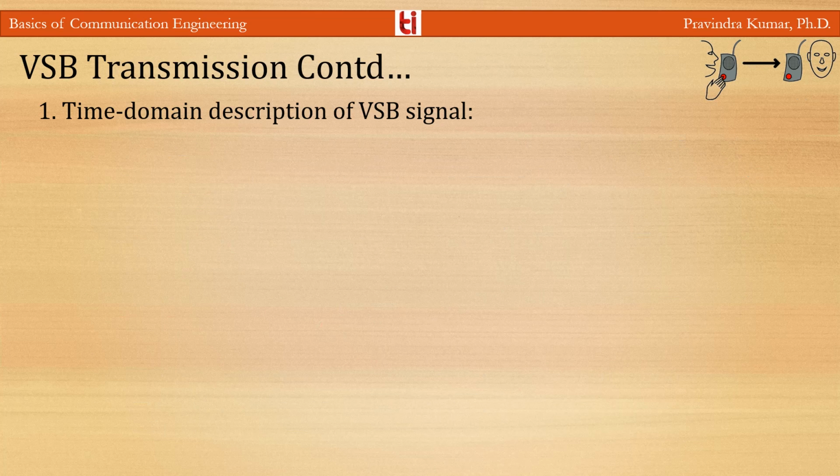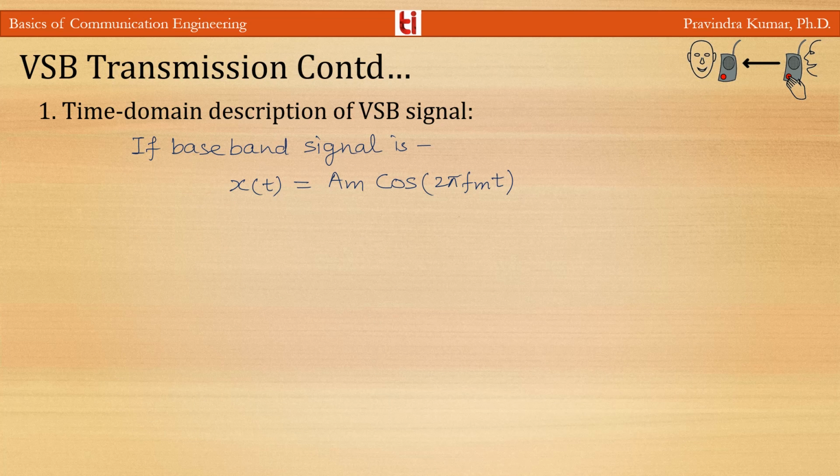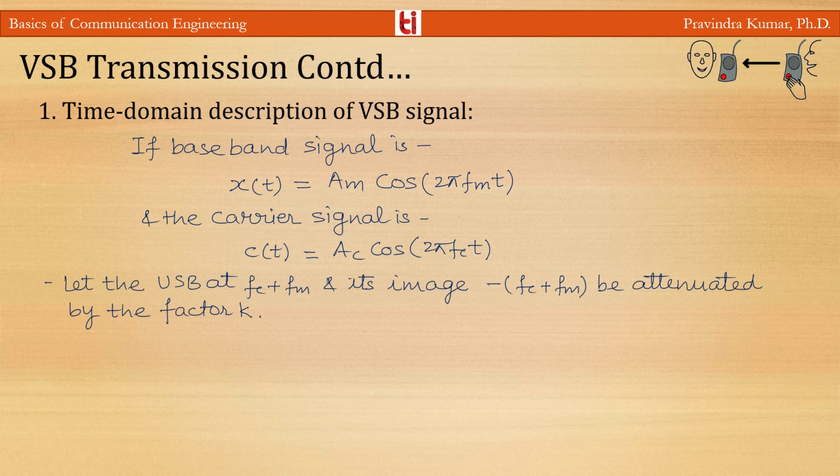If the baseband signal is x(t) = Am cos 2 pi fm t, this is a single tone baseband signal, and the carrier is Ac cos 2 pi fc t. Let the USB, or upper sideband at fc plus fm, and its image at minus fc minus fm, be attenuated by a factor of k.